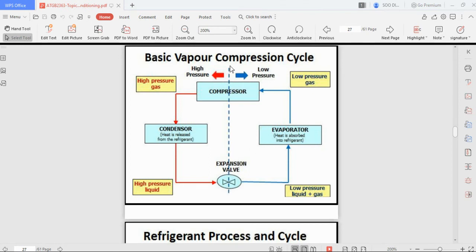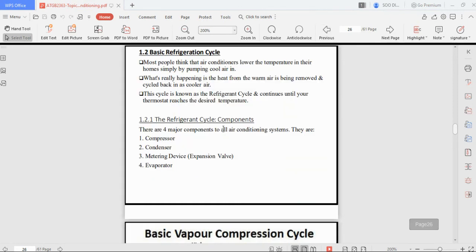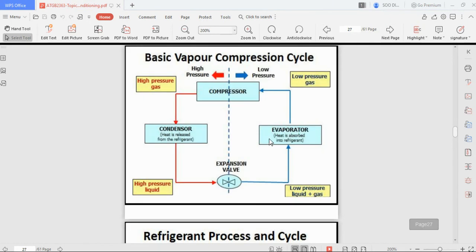There are two distinct areas, a high pressure and a low pressure. There are four components here that were discussed previously: the compressor, condenser, expansion valve, and the evaporator.